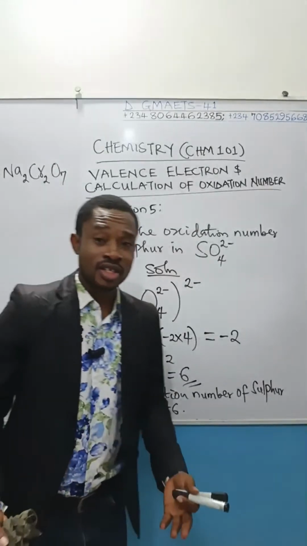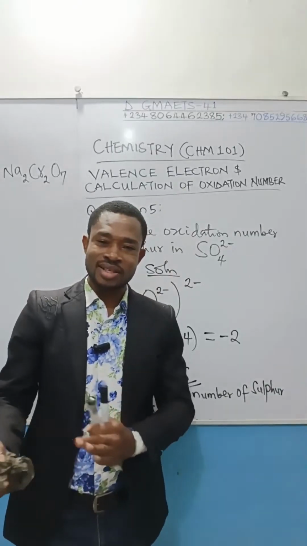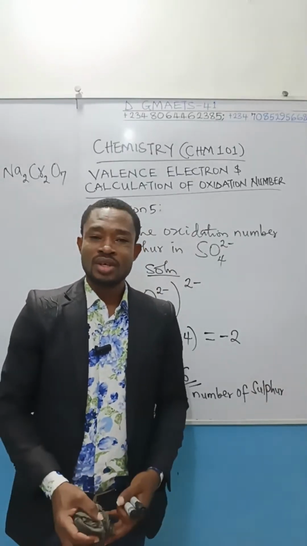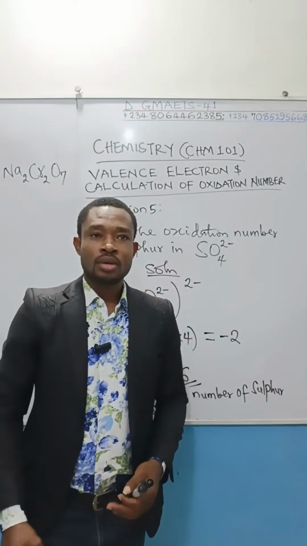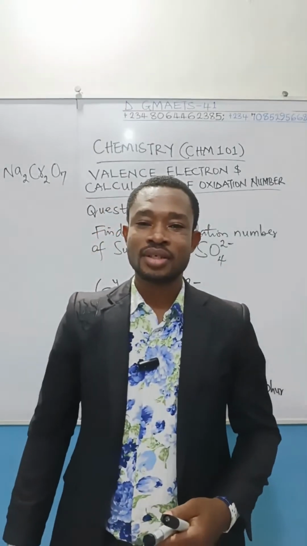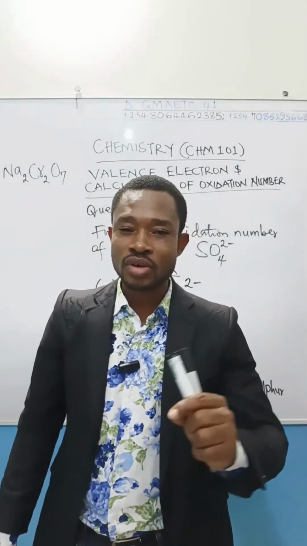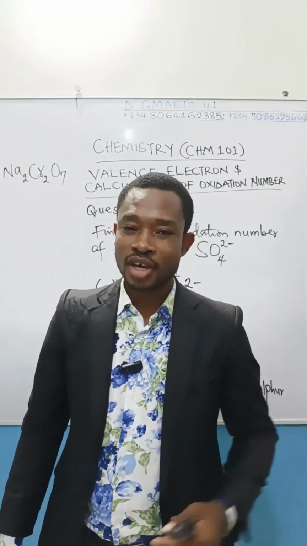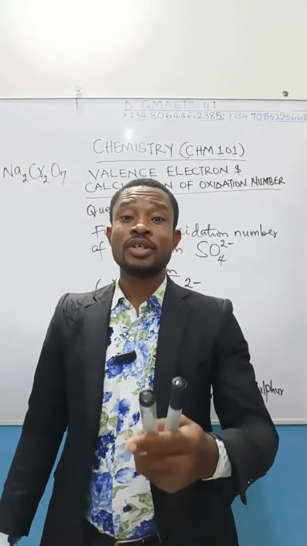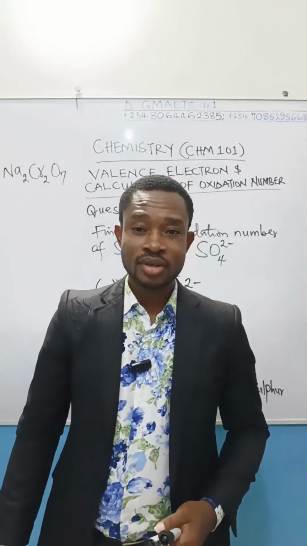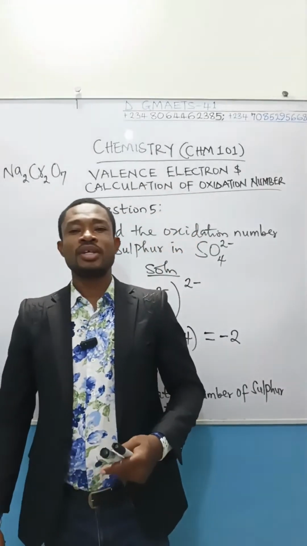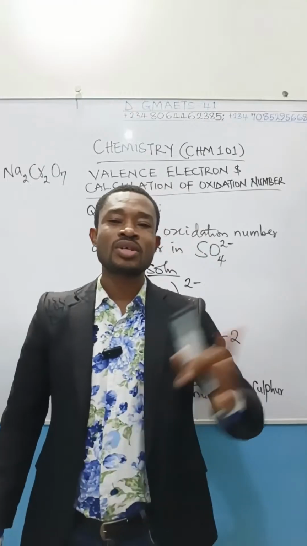But I'm confident that based on what we've done, you see that this calculation is very simple. It's 1 plus 1. But you don't take it for granted, because it has a serious implication as you move on in chemistry. I've told you, for example, in the study of redox reaction, there is this titration experiment that is being carried out sometimes, redox titration.